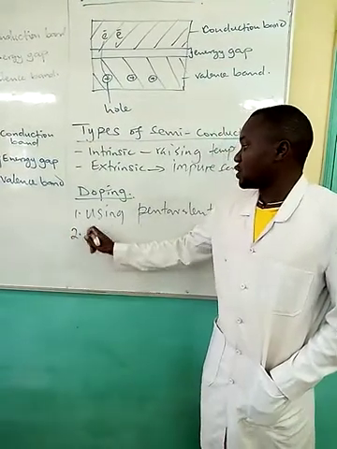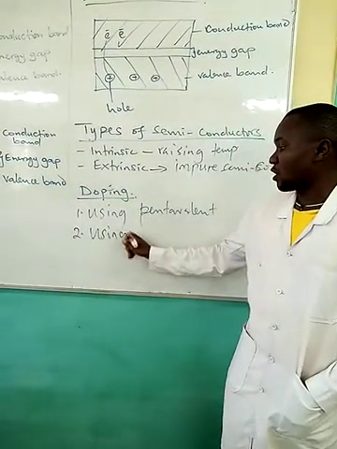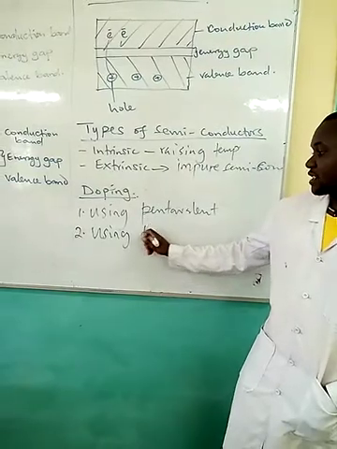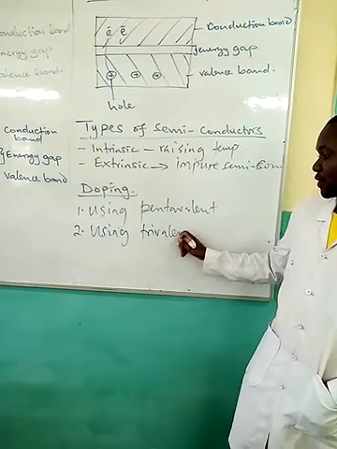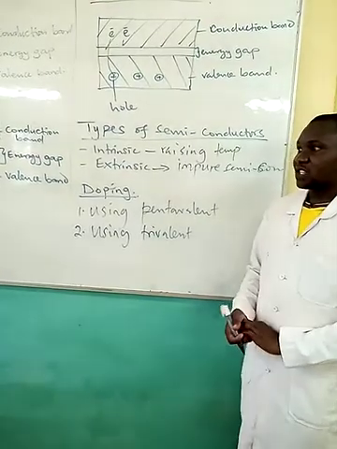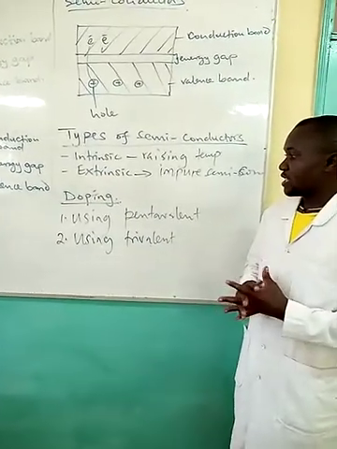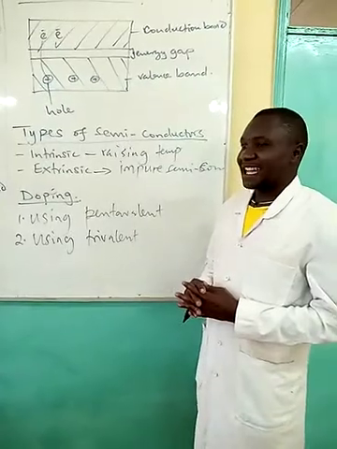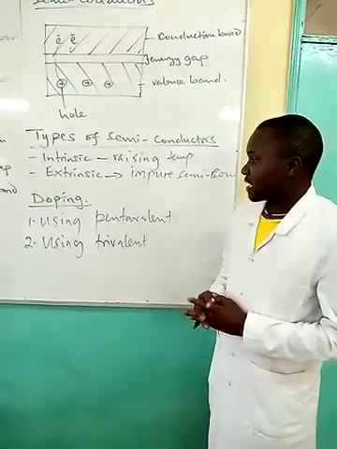Then we have a group 3 element, that is a trivalent atom, the atoms that have 3 electrons in the outermost energy level, and that will make what we call a p-type semiconductor.